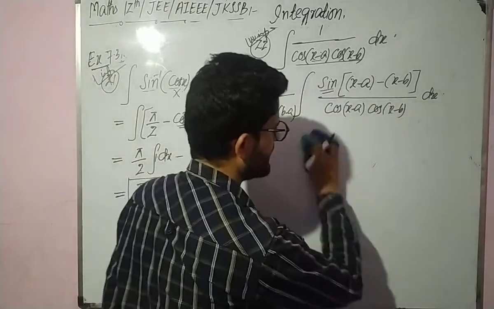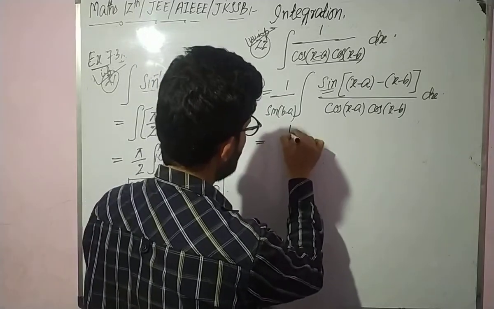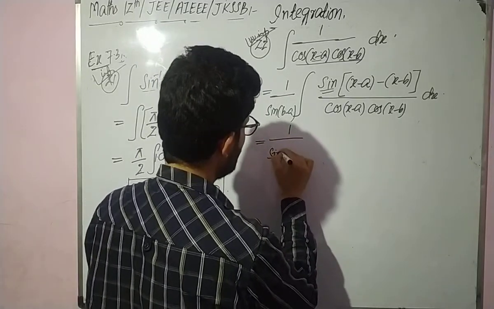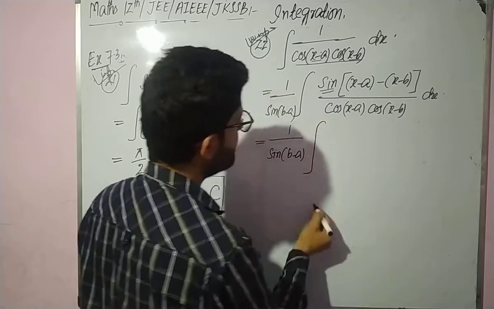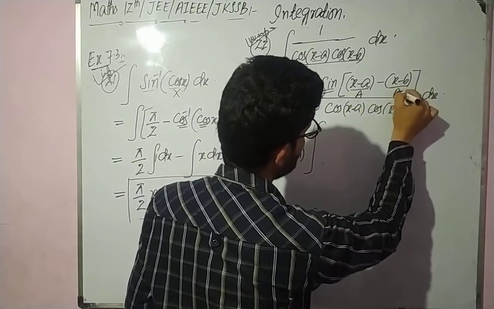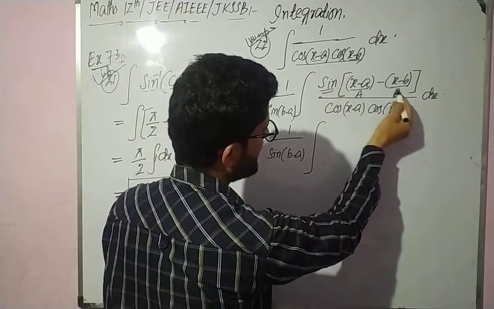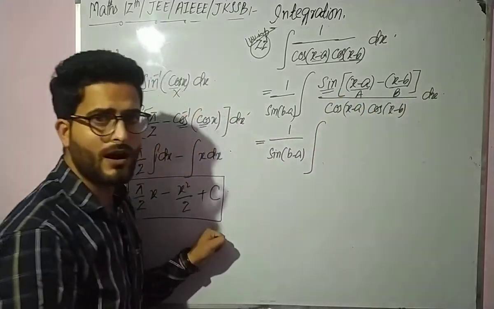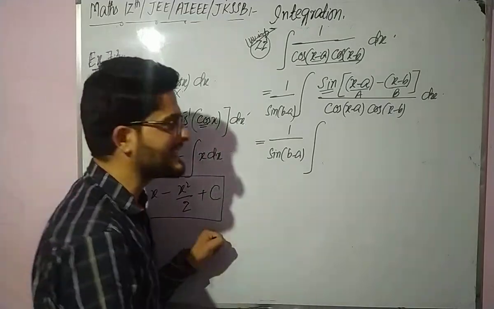Now this can be further written as 1 divided by sin of b minus a into integration of, treat x minus a as a and x minus b as b. So बन गई फॉर्मूला sin of a minus b, sin a cos b minus cos a sin b.